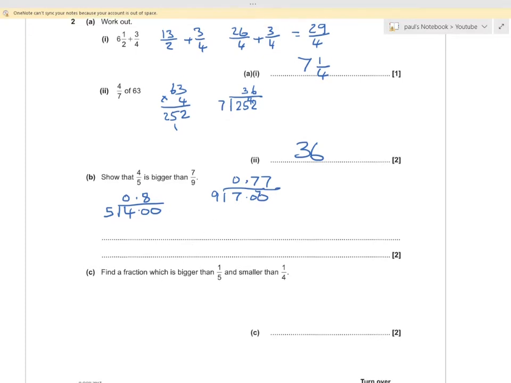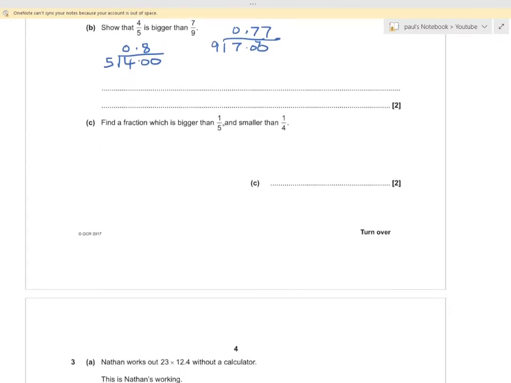Alright, so find a fraction which is bigger than a fifth and smaller than a fourth. Okay, so I'm going to change these into 20ths by multiplying both, so I get the denominators the same. 4 times that is 20, so that is 4 20ths, and 5 20ths.